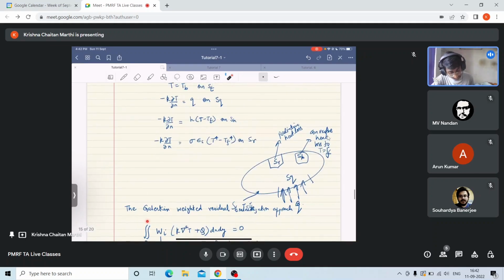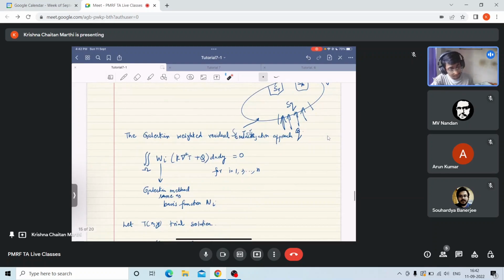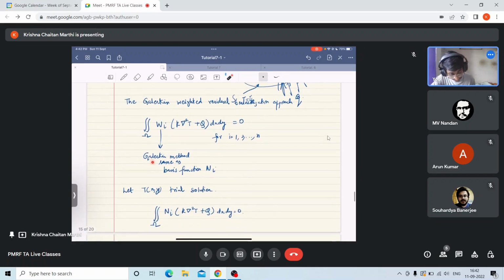So we will be using the Galerkin weighted residual minimization approach. This is the double integral of Wi times (k nabla square T plus q) dx dy equal to 0 for each i equal to 1 to n. Here Wi is the same as our basis function, the shape function factors, which is Ni.